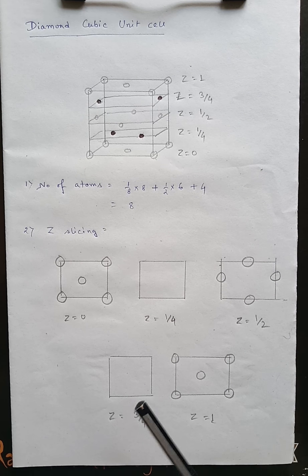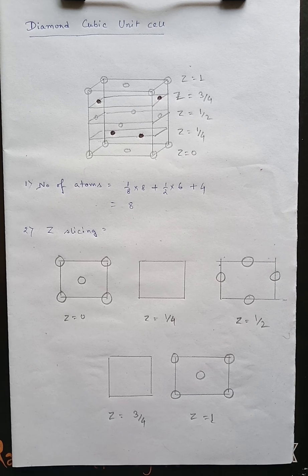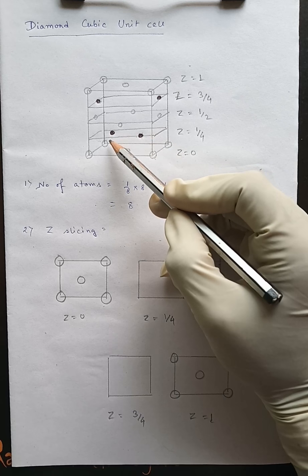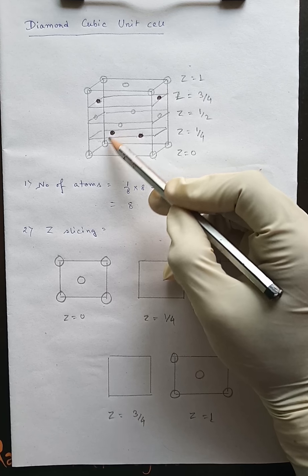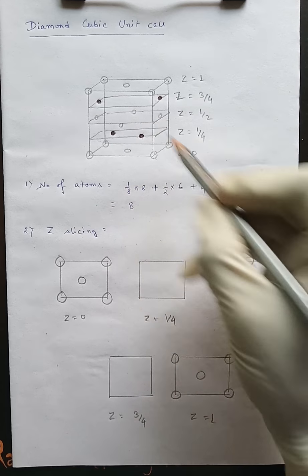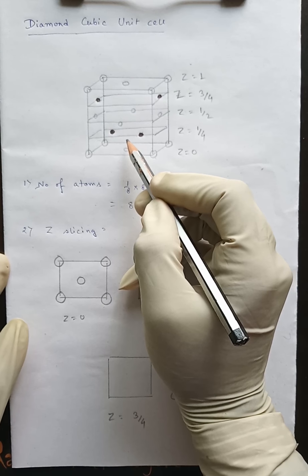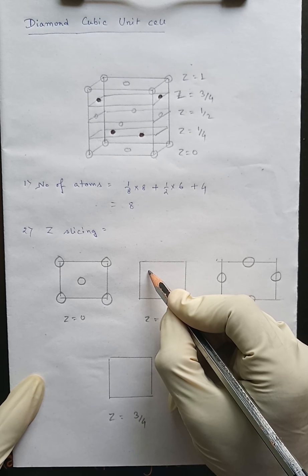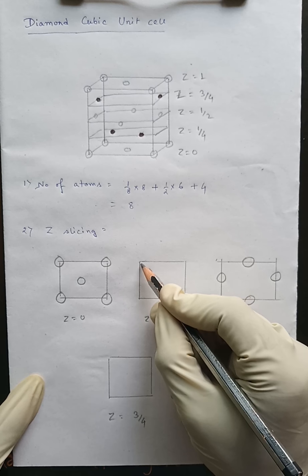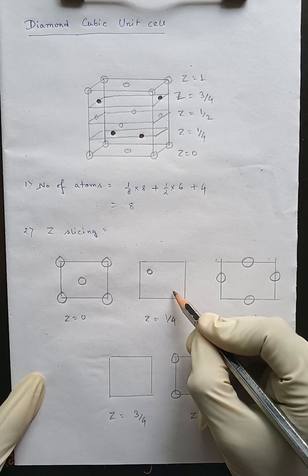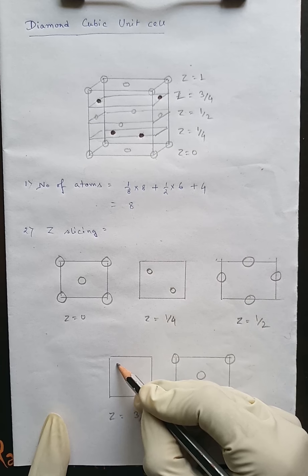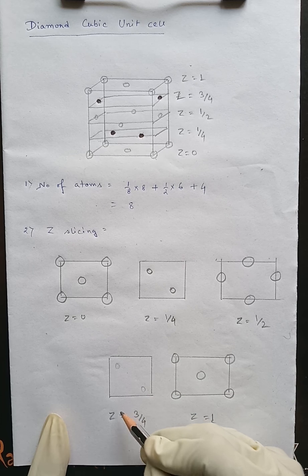Now the difference is in Z equals to 3 by 4 and 1 by 4. Now at Z equals to 1 by 4, these two positions are 1/4 from this, and these two are in alternating body diagonals. So we will get one here at 1/4, another one here, and leaving these two places, we will not get these two places at Z equals to 3 by 4.